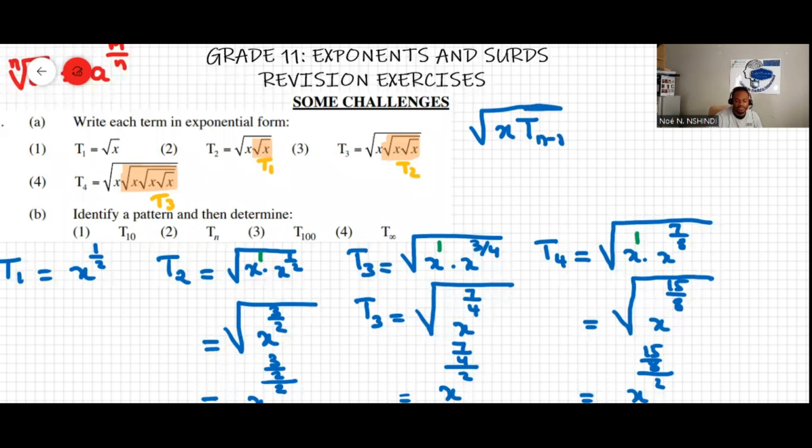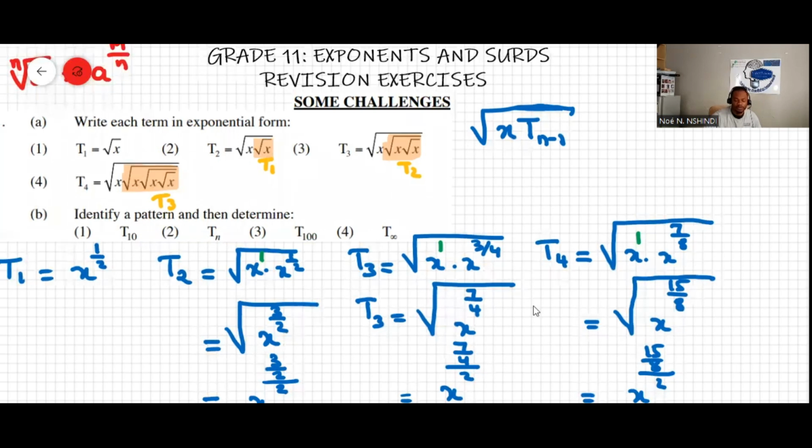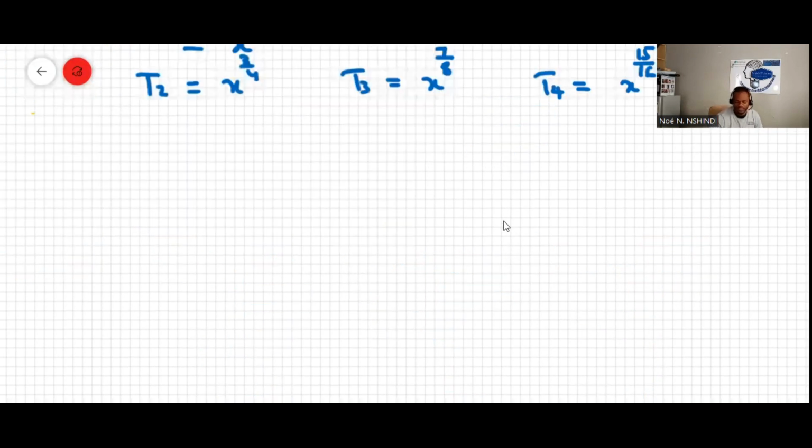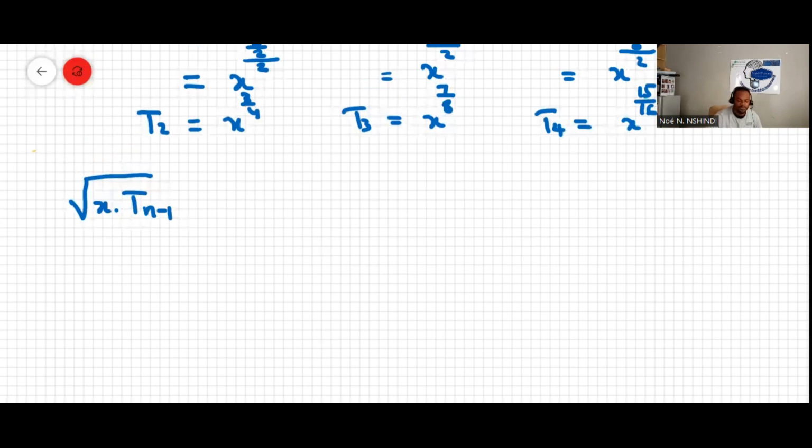It's one way we can write the pattern. Term n minus 1 simply means the previous term.